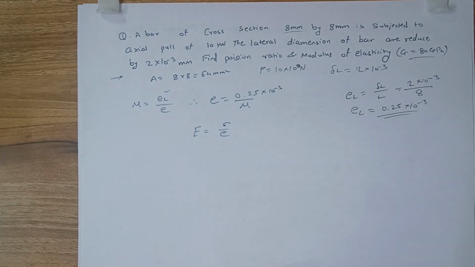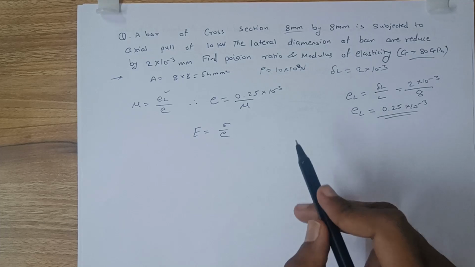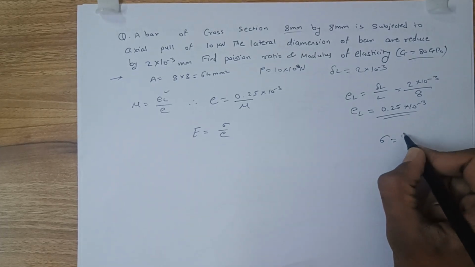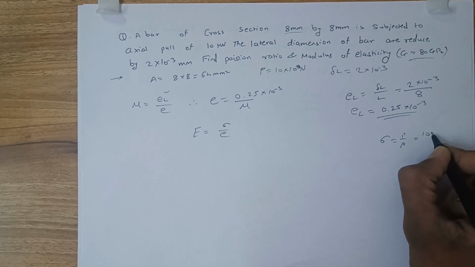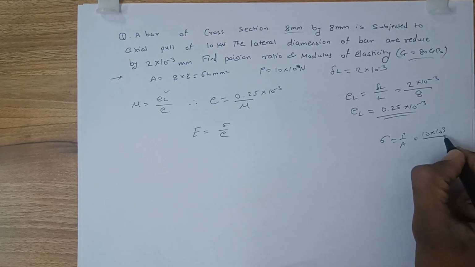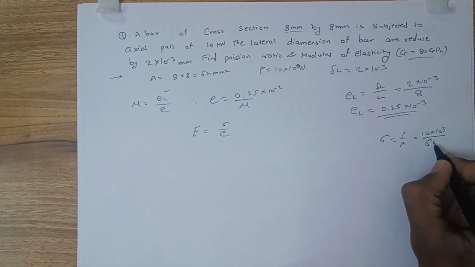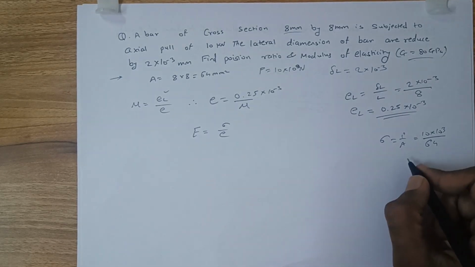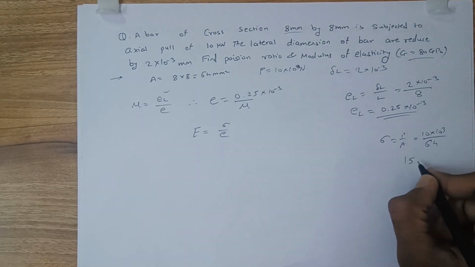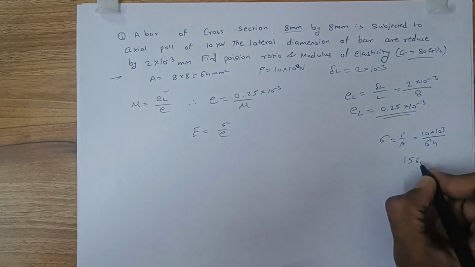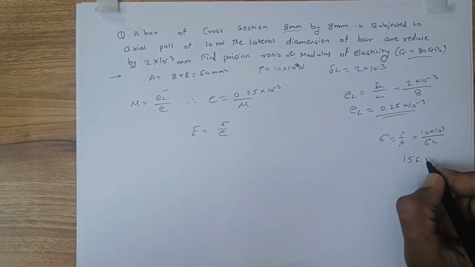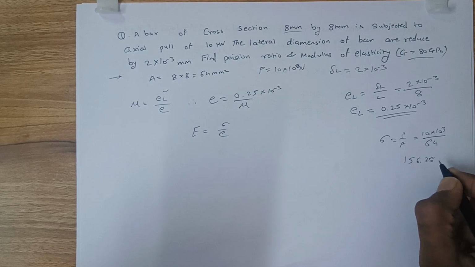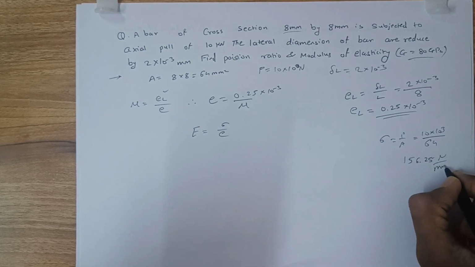We can calculate stress from the given information. Stress is equal to P upon A. P is 10 into 10 raised to 3 Newton upon area, and area is 64 mm square. So the stress is equal to 156.25 Newton per mm square.